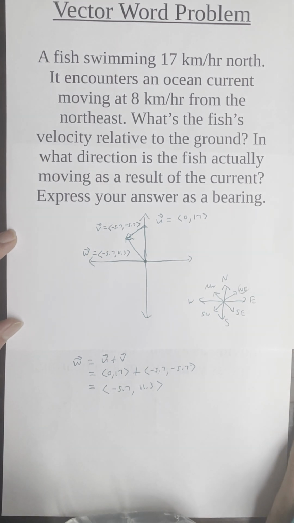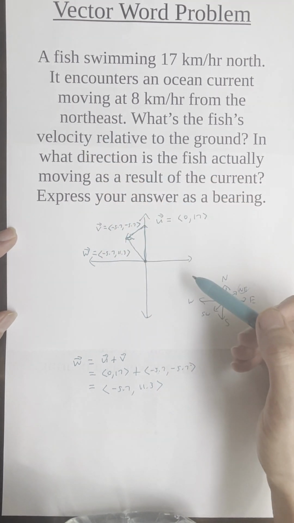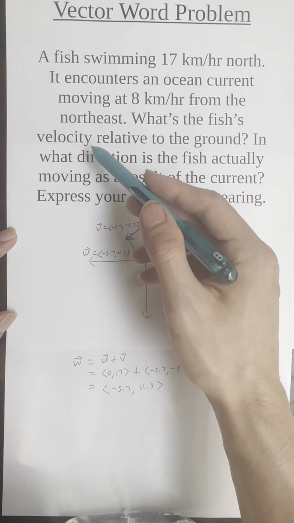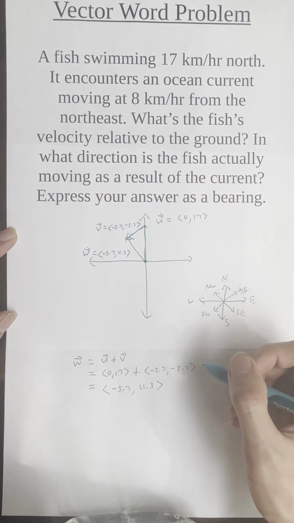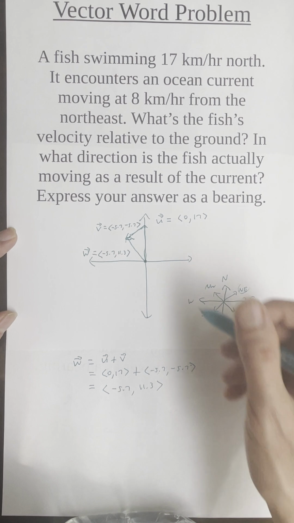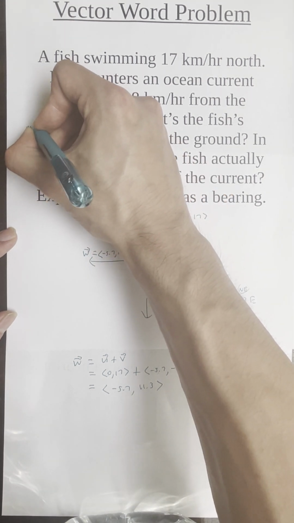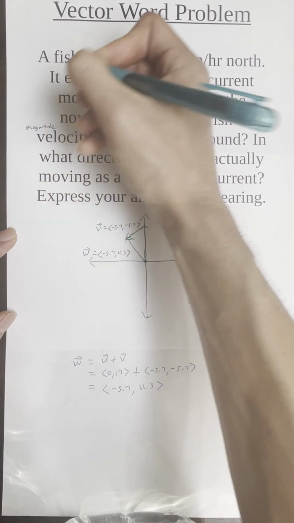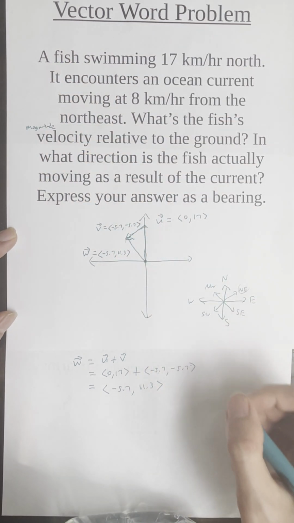Perfect. Now, the question is asking for what? The velocity. So what does velocity ask for with this vector? If you see velocity, you need to think about the word magnitude. Okay, so what's the magnitude of this vector?